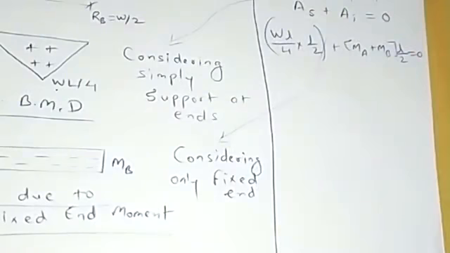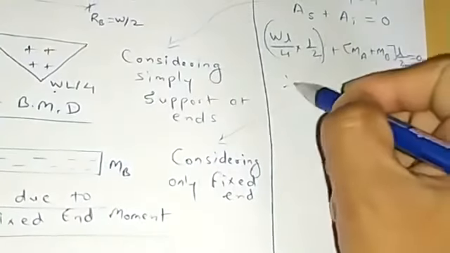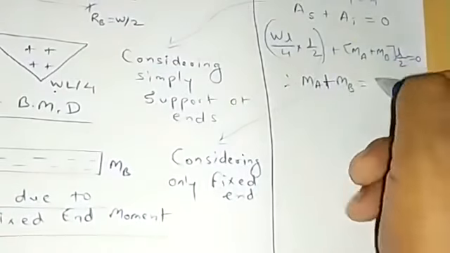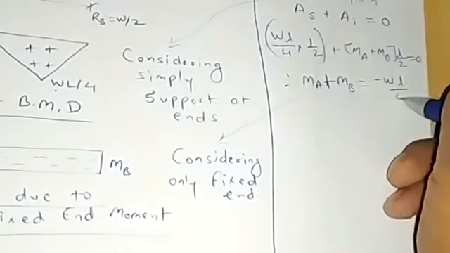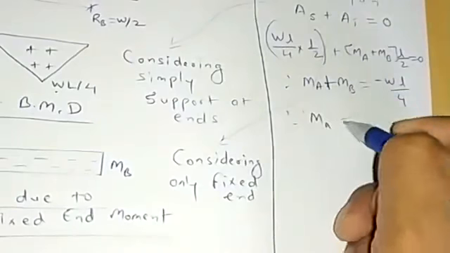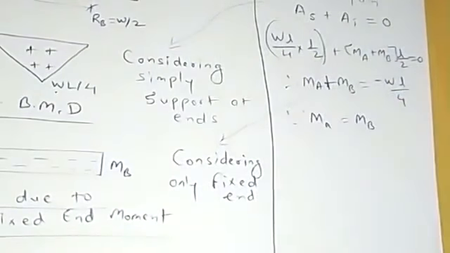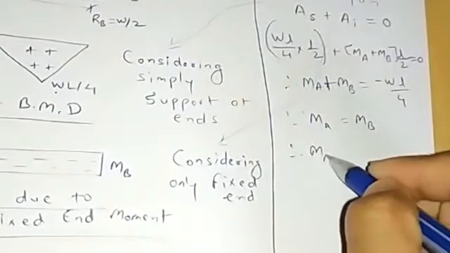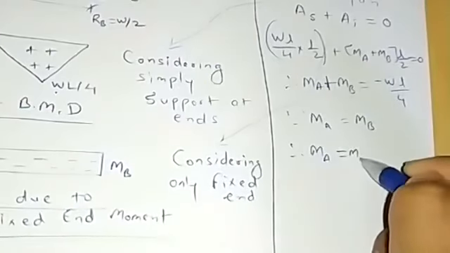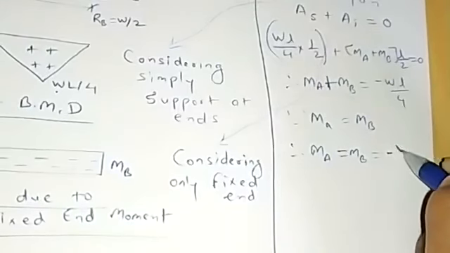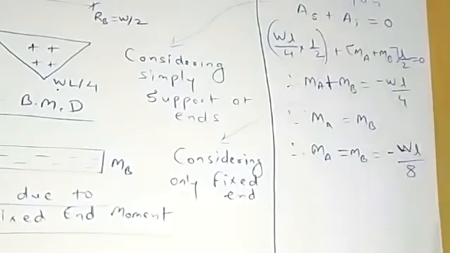So we have just calculated the area of this bending moment diagram, and therefore MA plus MB would be equal to minus WL by 4. Now since MA is equal to MB because they are symmetrical, we can write MA equals MB, and that is equal to minus WL by 8.